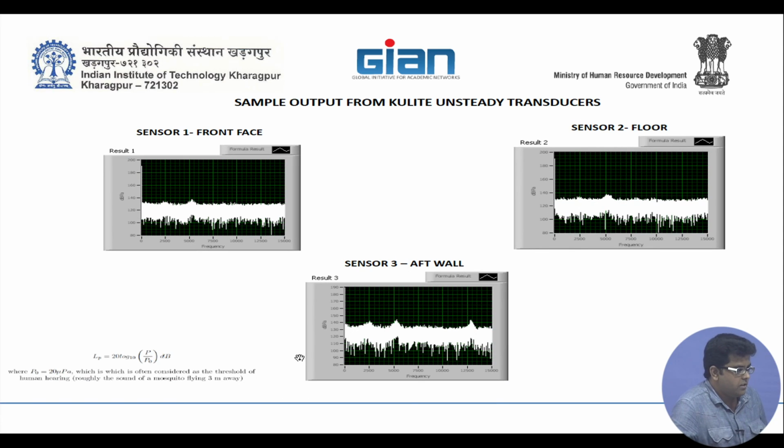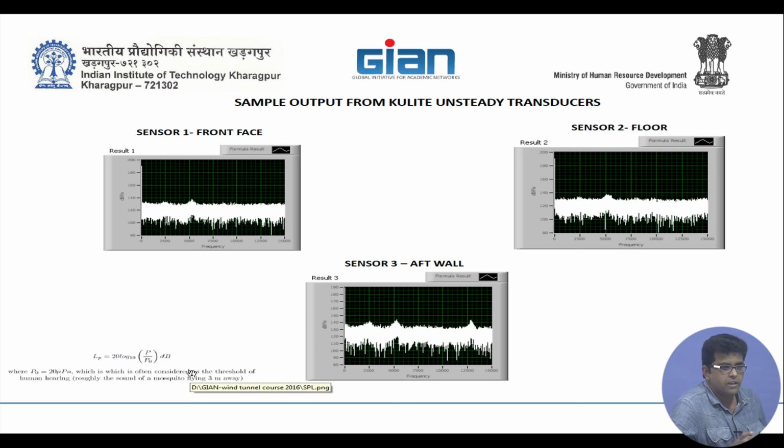And if we look for sound pressure in decibels, we use this formula, which is 20 log10 P by P naught dB. P naught is the reference pressure, which is 20 micropascal. This is roughly the sound of a mosquito flying at 3 meters away.